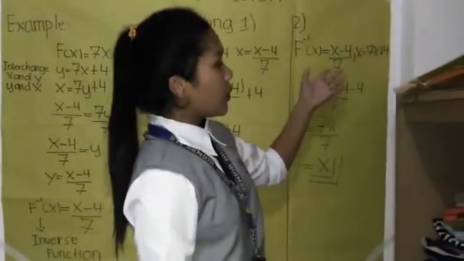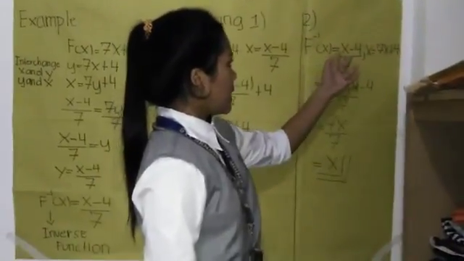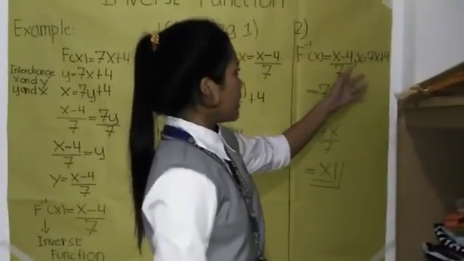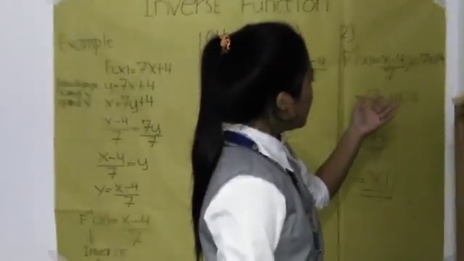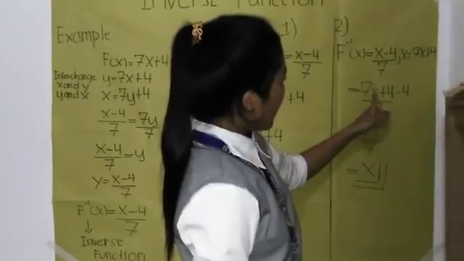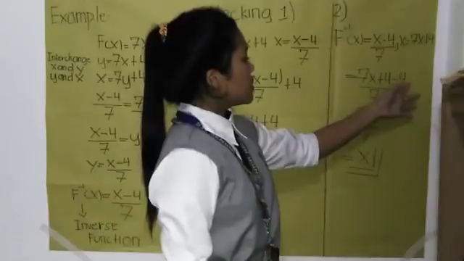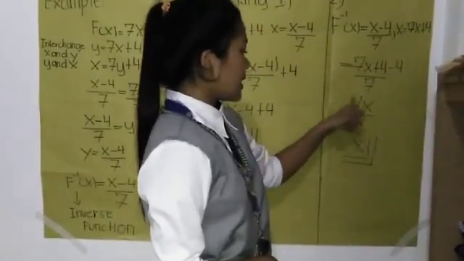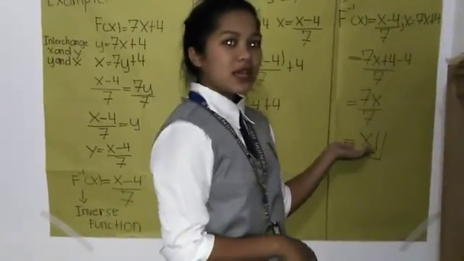We are going to write f inverse of x equals x minus 4 over 7, and f of x equals 7x plus 4. So we write 7x plus 4, then minus 4 over 7. So 7x over 7, cancel the 7, and the result here is x. So this is the inverse function.